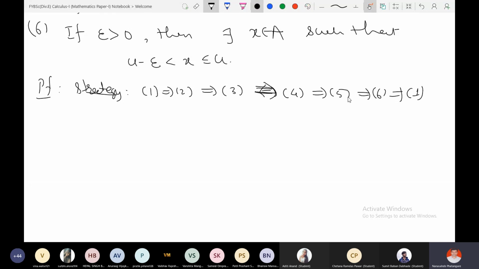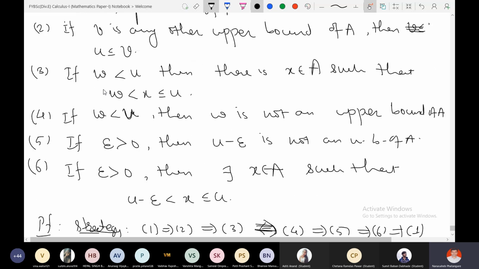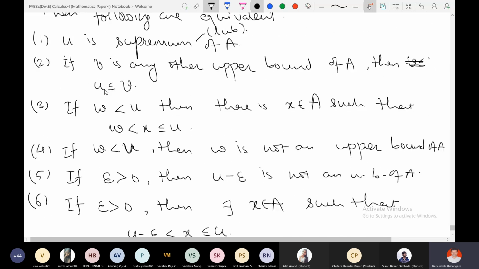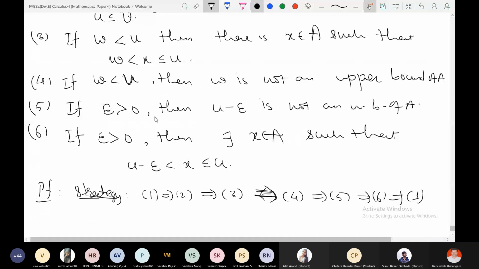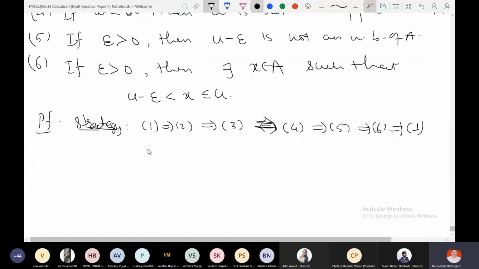Ultimately, if you look at the combined effect, all are equivalent. That is the meaning. And the proof is straightforward, right? If U is the supremum, then any other upper bound is greater than or equal to it. This is by definition, right? And why does 2 imply 3?